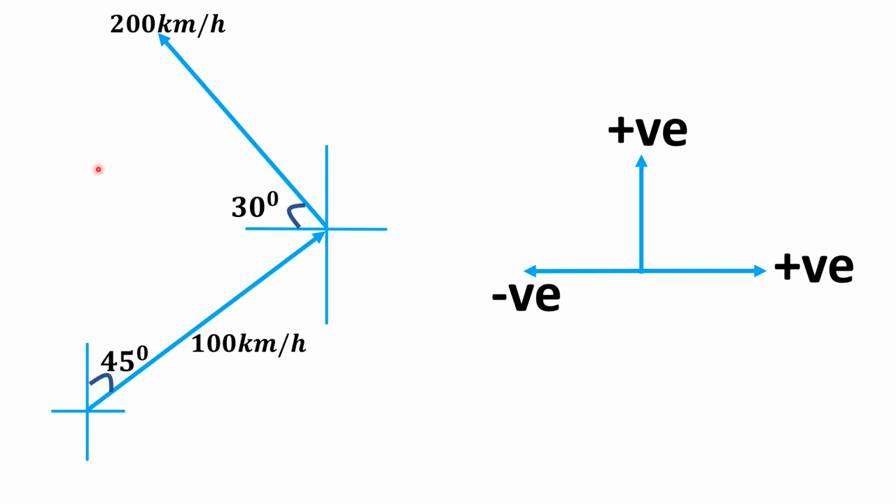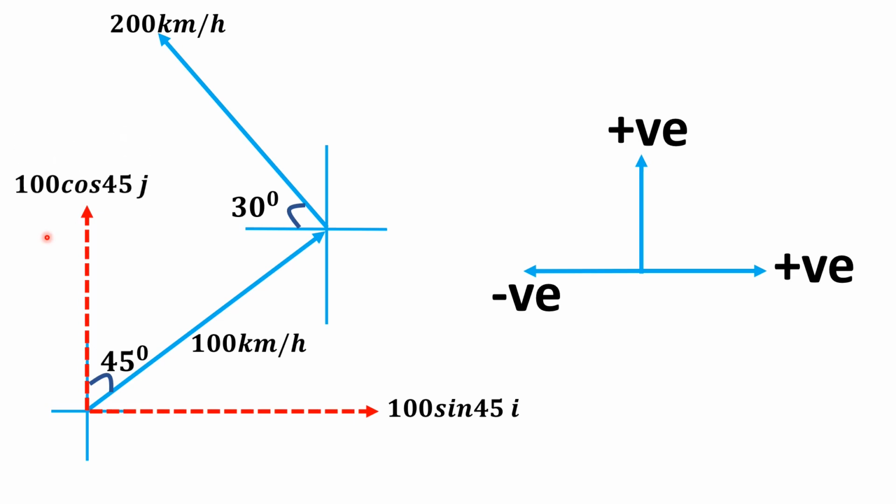So now the information represented on this diagram is exactly what we need to solve the question appropriately. Remember that this vector is the velocity of A relative to B, while this vector is the velocity of B, and their respective angles have been shown. So if we resolve the velocity of A relative to B along the vertical and horizontal component, for the horizontal component we are going to obtain 100 sine 45 i, and for the vertical component we are going to obtain 100 cos 45 j.